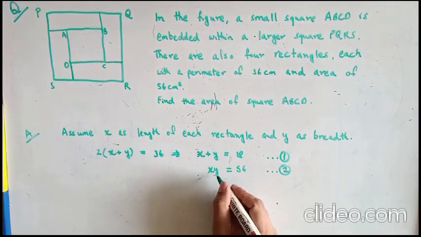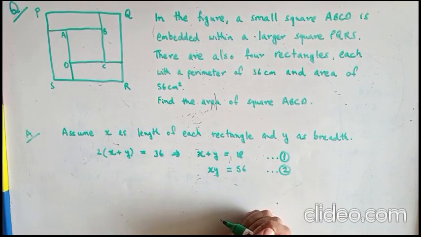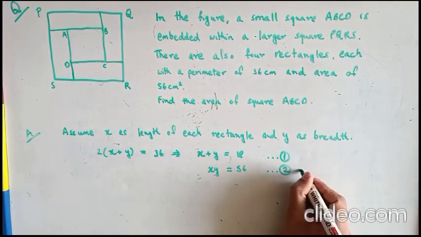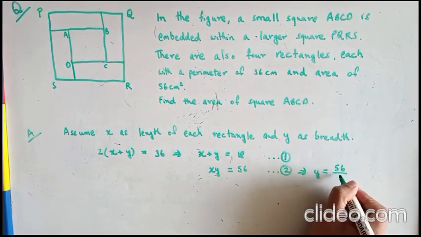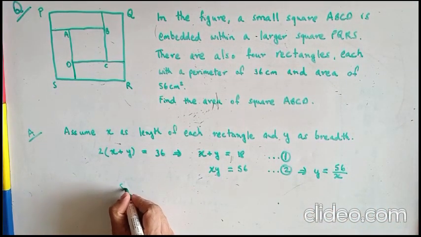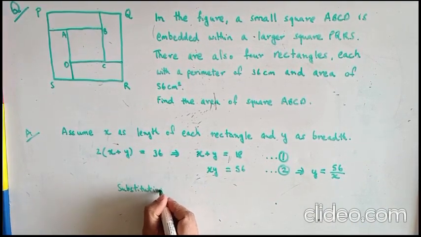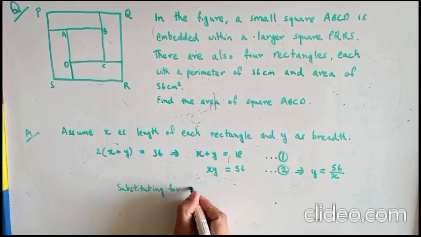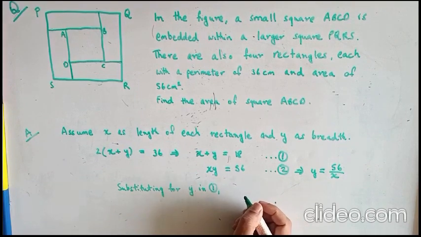Now from the second equation, as we know, these are essentially simultaneous equations. This gives us y is equal to 56 by x. So substituting for y in 1, what do we get?